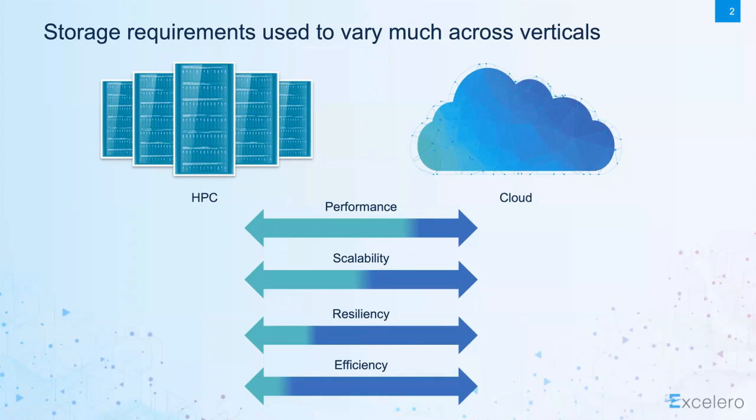Use cases are deployed across verticals, and as such, requirements across verticals and use cases are becoming very similar. For example, HPC workloads, as some of you know, are getting more and more cloud requirements. And then on the other side, cloud providers need to sustain more high performance workloads than ever.